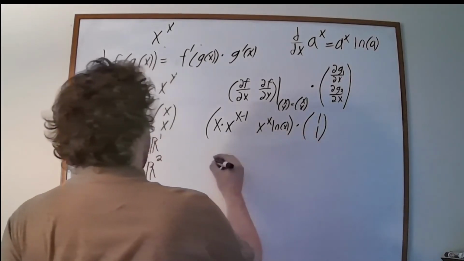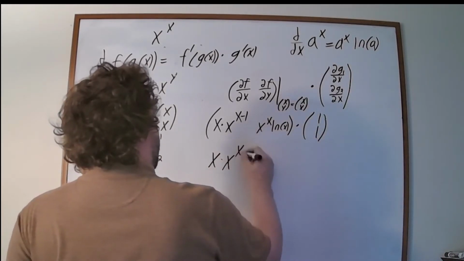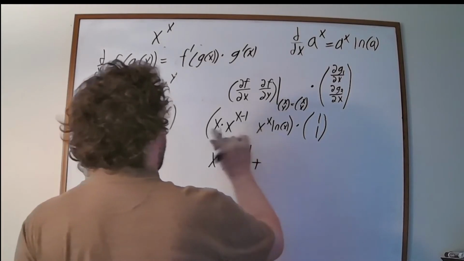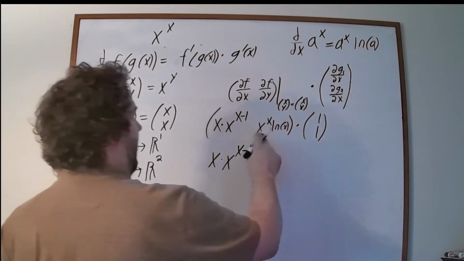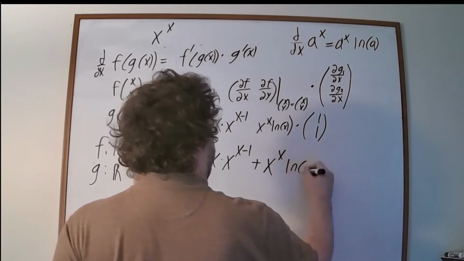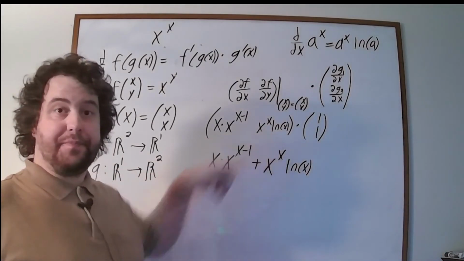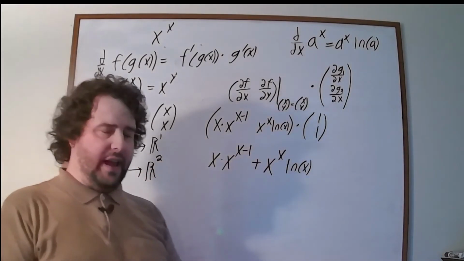And so what that means is that this result here is just going to be this times 1 plus this times 1. In other words, this plus this.